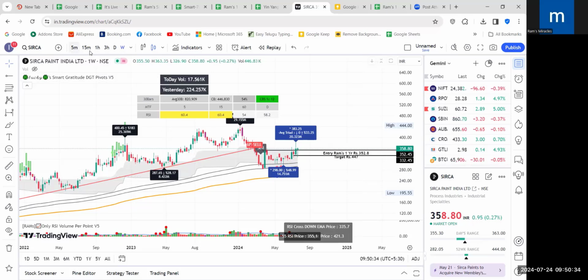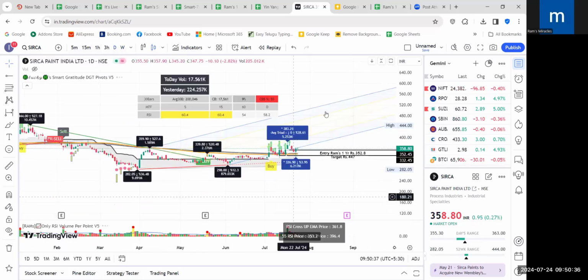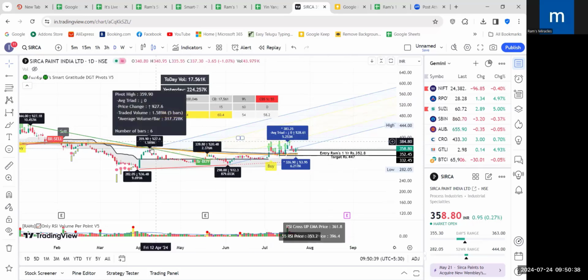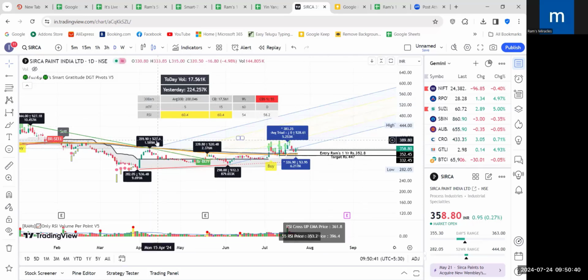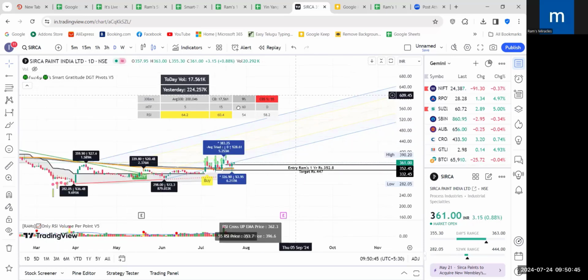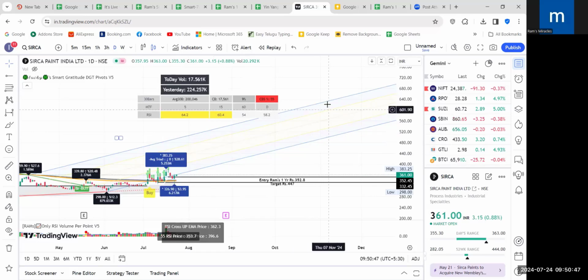And for sure, it will go above this price because the trend line of this pitchfork is confirming the price within the 1 year may reach more than 600 something.